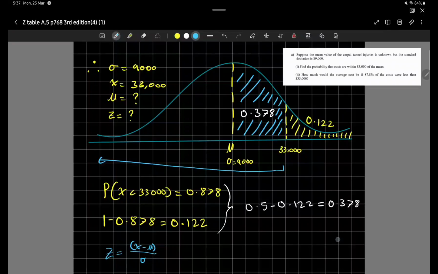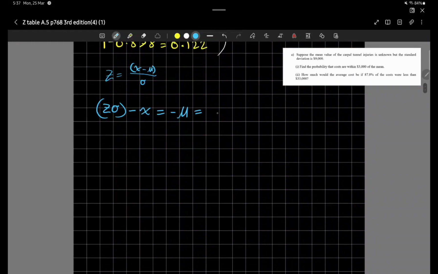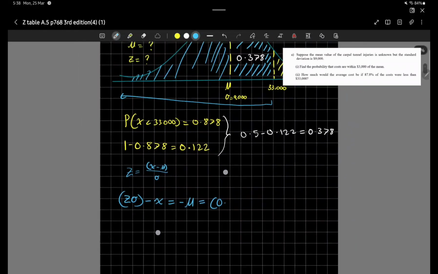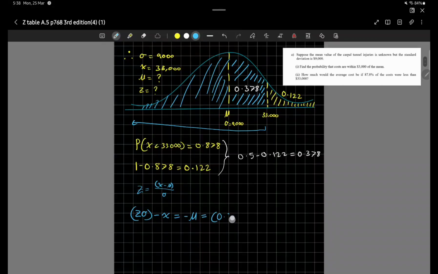So you're going to have to add this area with the larger area, which you can do, and you can get 0.3. I might do this on the line below.